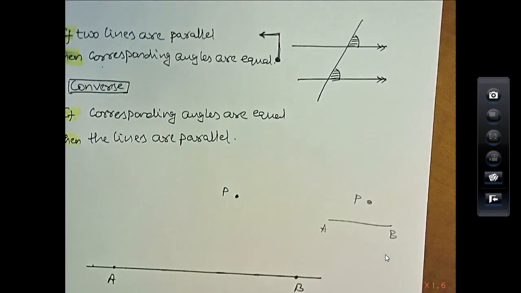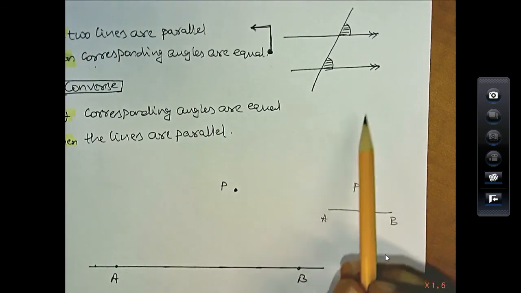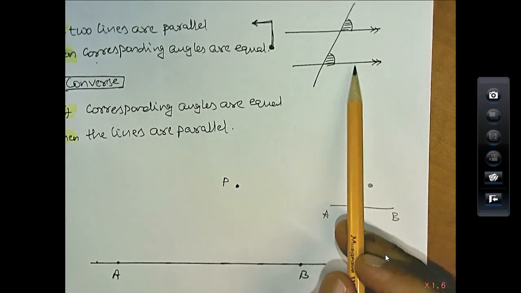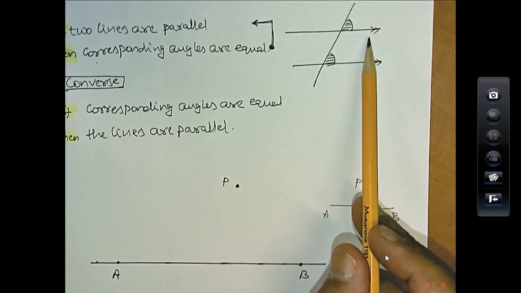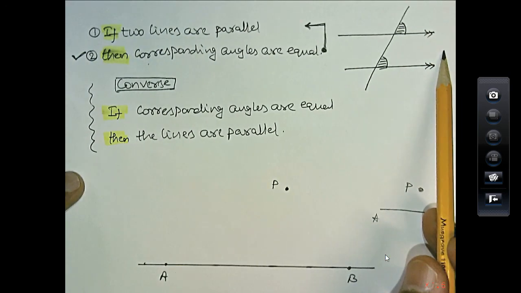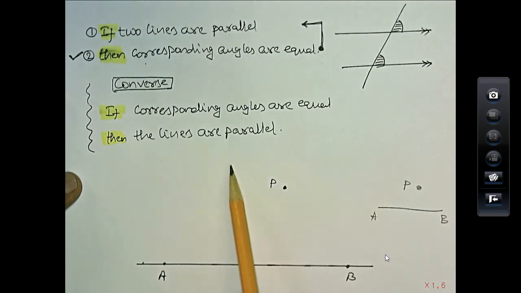Now let's refer to the previous part of our lesson. I know that if lines are parallel, corresponding angles are equal. And the converse is, if corresponding angles are equal, then the lines are parallel.